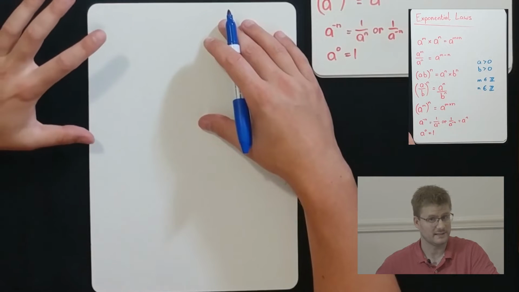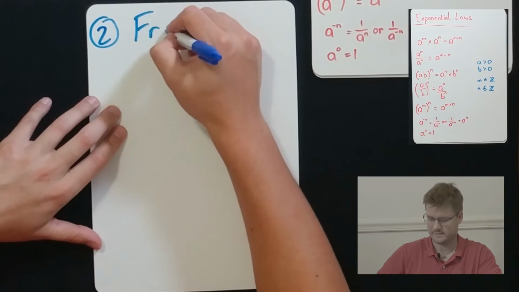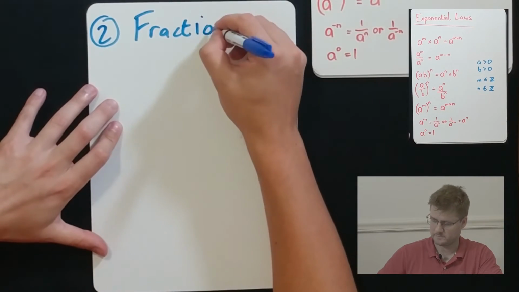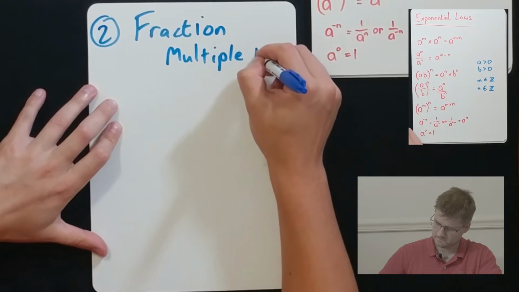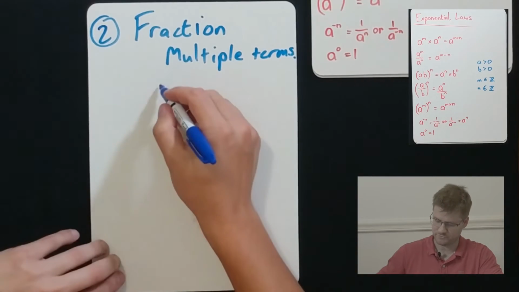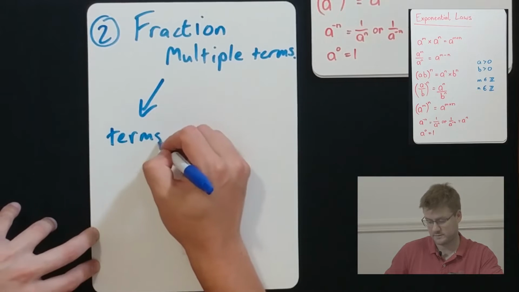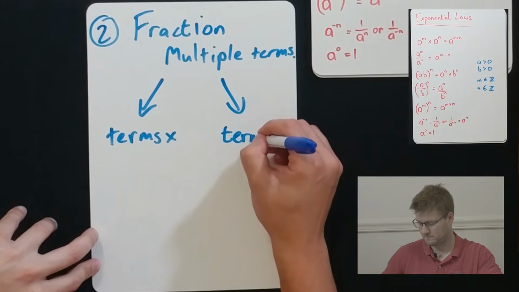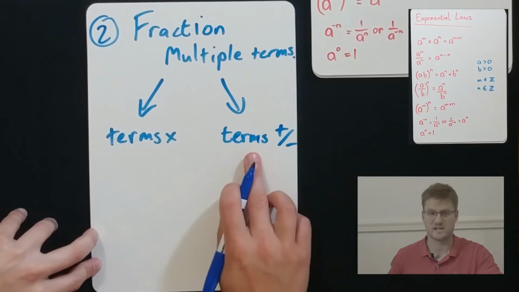The next thing we might be dealing with in this section is a fraction that has multiple terms in the numerator and or denominator. So I'll just put your fraction, multiple terms. And this splits into two pieces. The first one is that these terms might be multiplied together, or the terms might be added or subtracted.